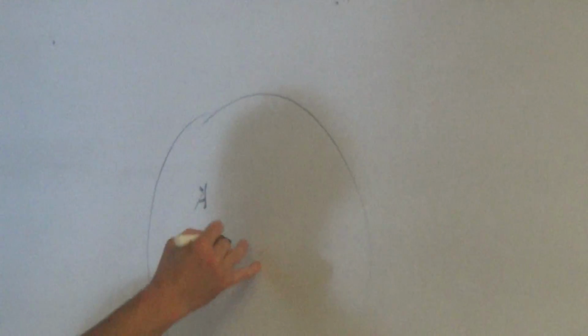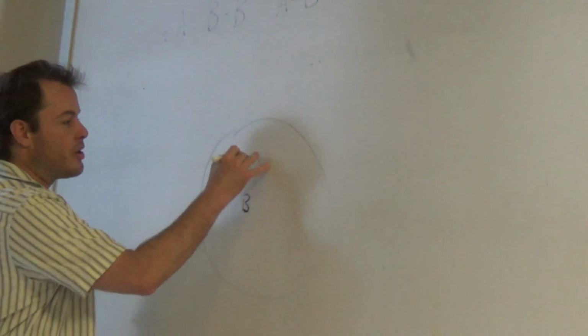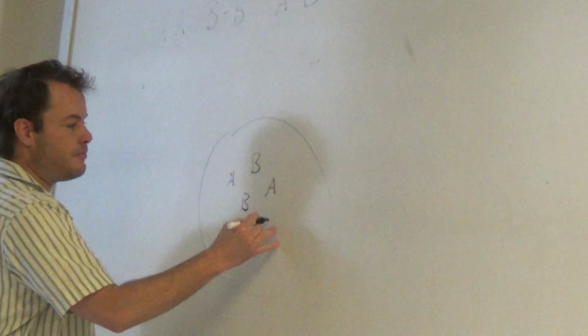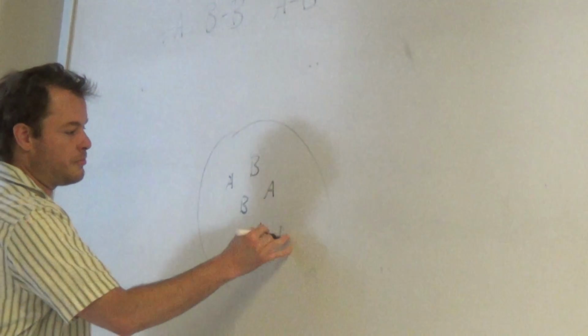I'm drawing right now a top view of a cylinder, of a flask we're looking down on. And this flask is filled with A molecules, B molecules.